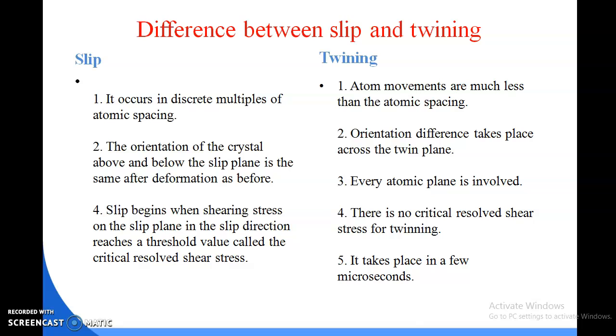But in twinning, an orientation difference takes place across the twin planes and every atomic plane is involved. Slip begins when the shearing stress on the slip plane in the slip direction reaches a threshold value called the critical resolved shear stress. But in twinning, there is no critical resolved shear stress and it takes place in a few microseconds.